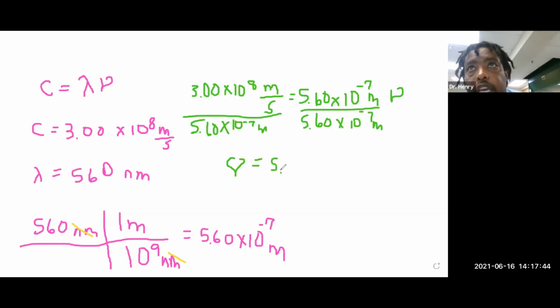And I'm only going to keep 3 digits. So it's going to be 3.36 times 10 to the 14. And if I look at the units that are going to be left over, I get rid of meters.